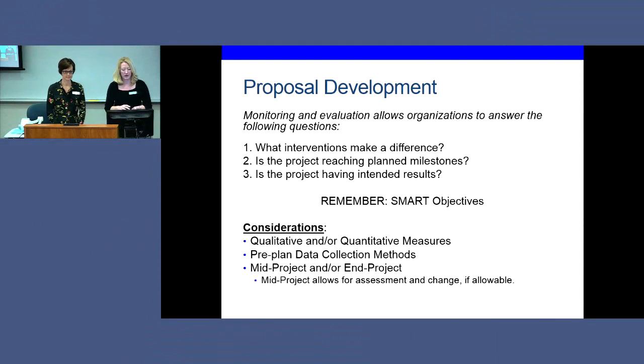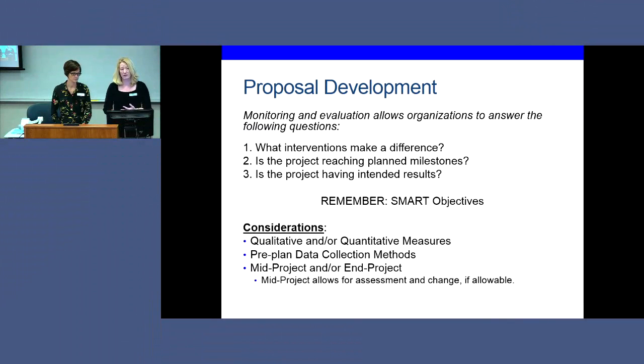Some of the considerations that you should keep in mind when telling the funding agency how you're going to monitor and evaluate your research: you can make them qualitative or quantitative. Everything doesn't always have to be numeric. It can be qualitative. You can pre-plan data collection methods, be it having somebody else at the university help you collect data and process it.